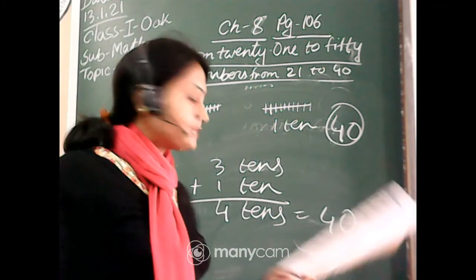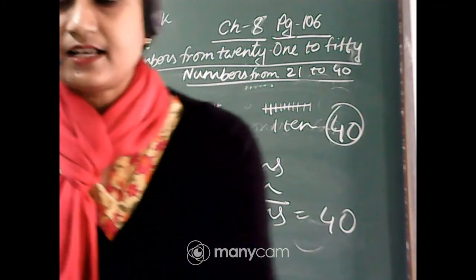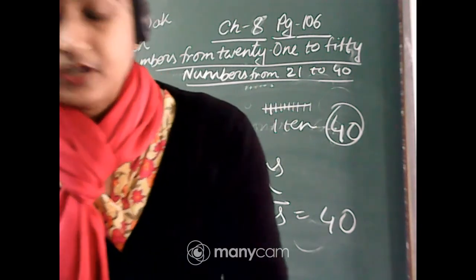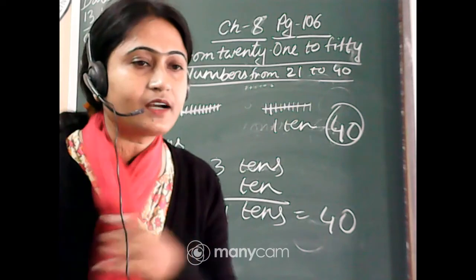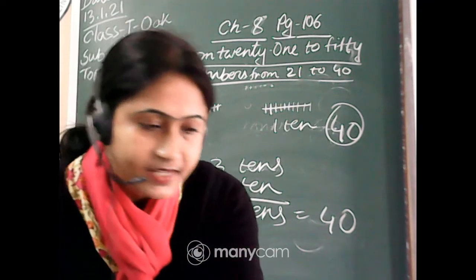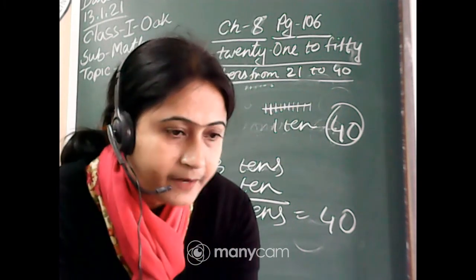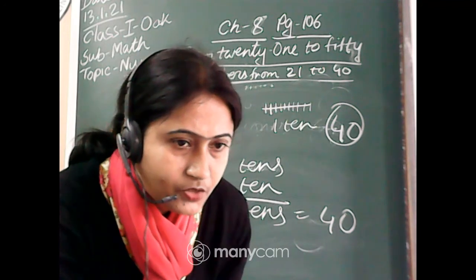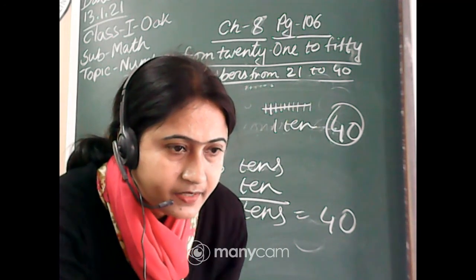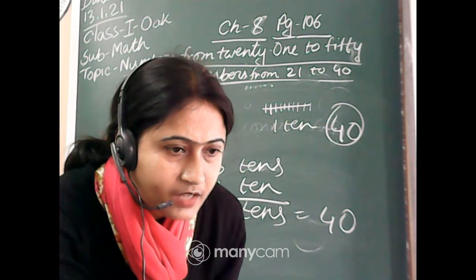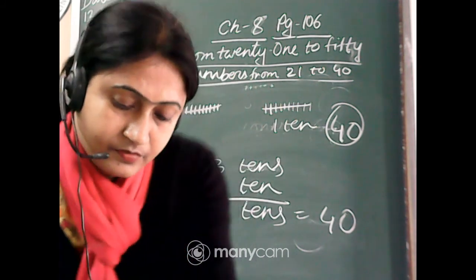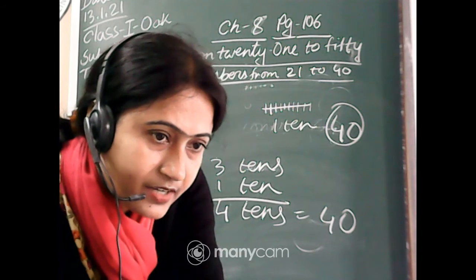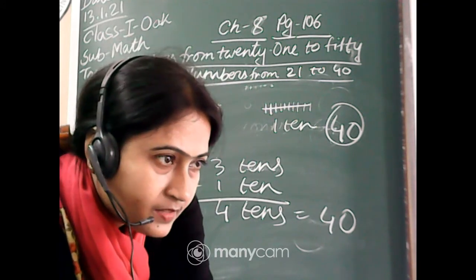Today this much. Next class I will discuss the rest of the part. Now I will take your attendance. Nobody will leave the class. Do you have any doubt, any queries? You can ask me. Okay. Now I will take your attendance, beta. Who are present, write down P. Okay, very good, beta.